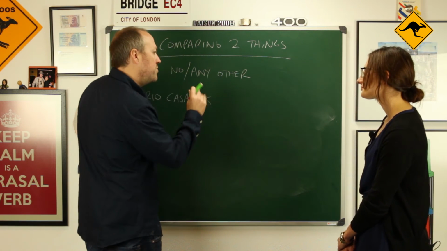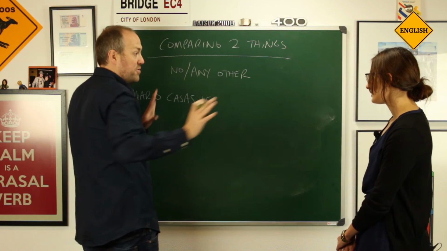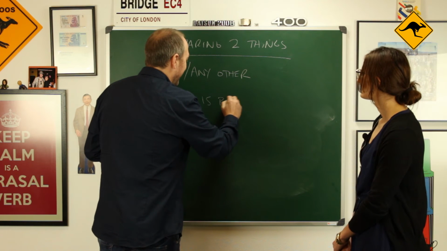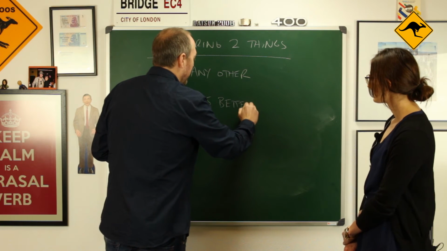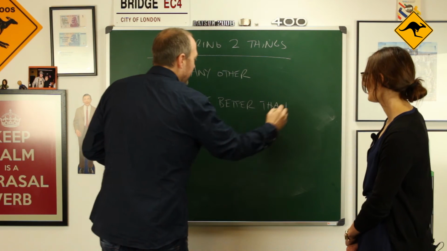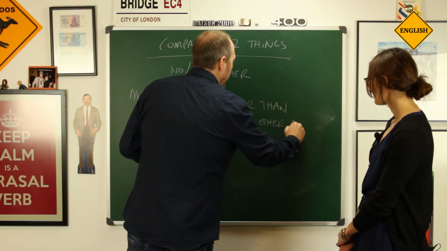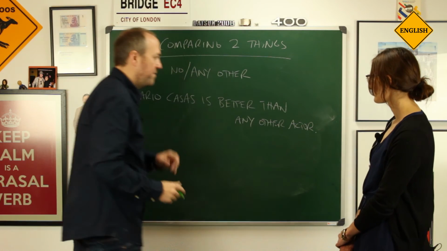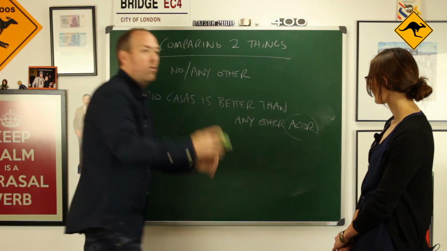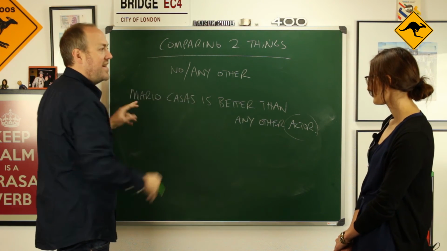But we want to use the comparative form, because we're comparing him to his category. Mario Casas is better than any other actor. In this type of comparison, we're comparing all of the category of actors in the world, and we're saying that he is the best.